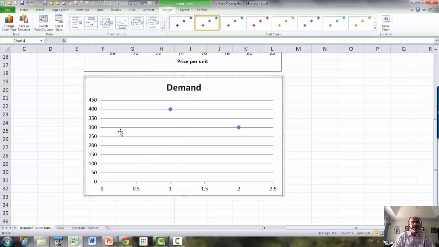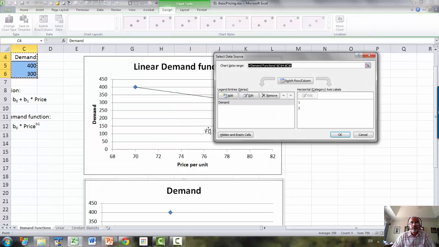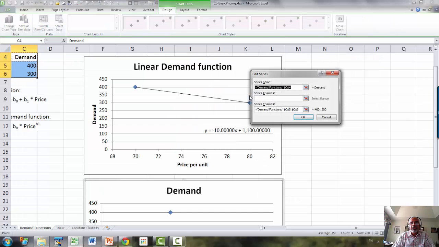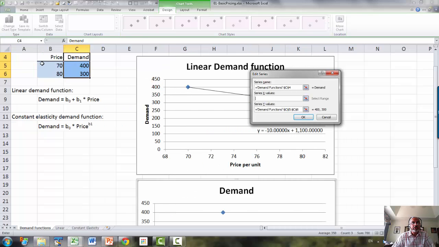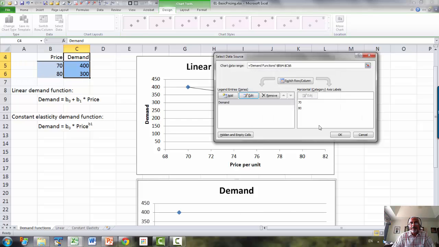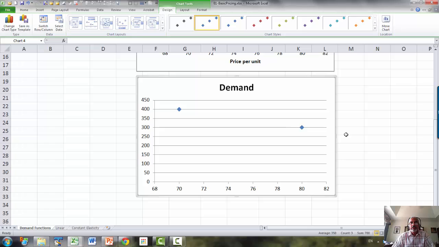Now let's add the x-axis. So for demand, edit and include the x-axis values. Don't forget that. Now click OK.